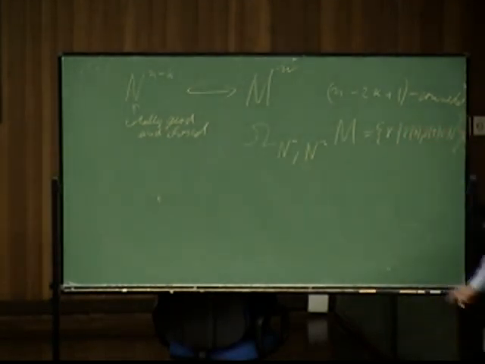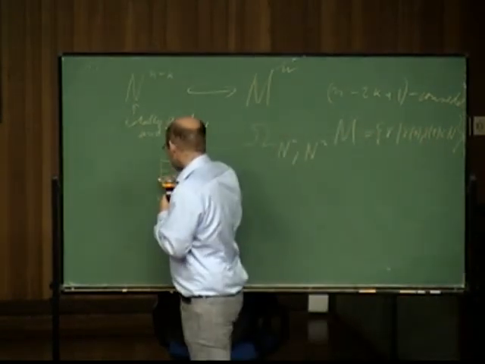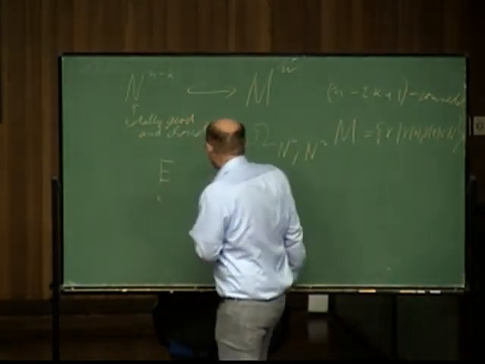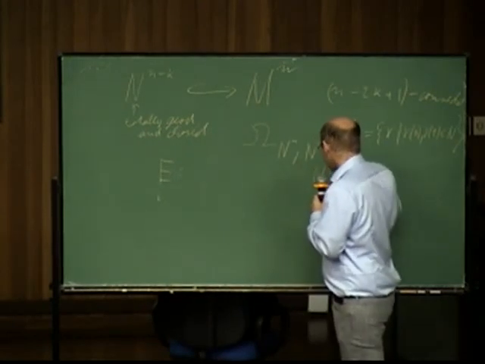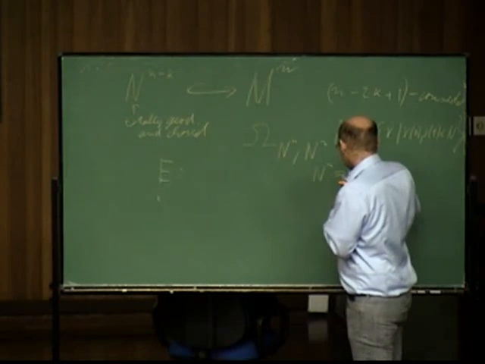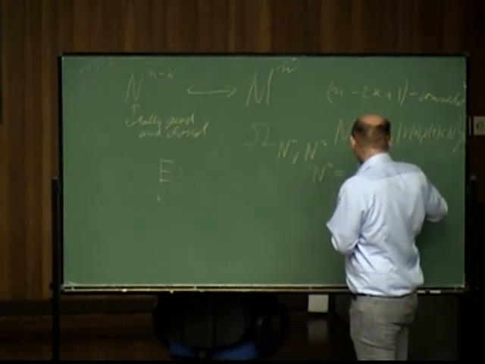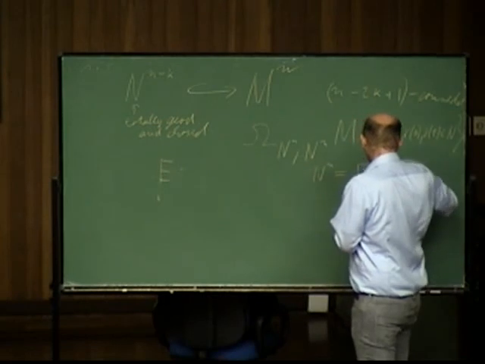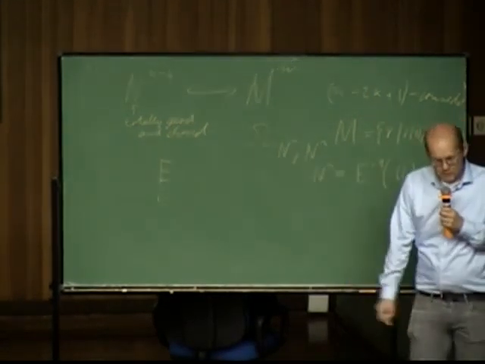And you do Morse theory on the space. You have the energy function, and of course N itself sits inside this space as the space of point loops, the constant loops.